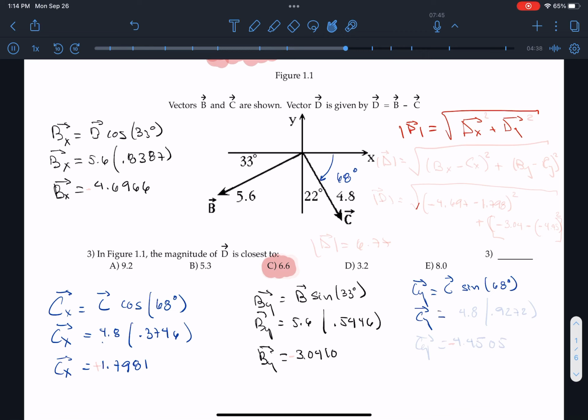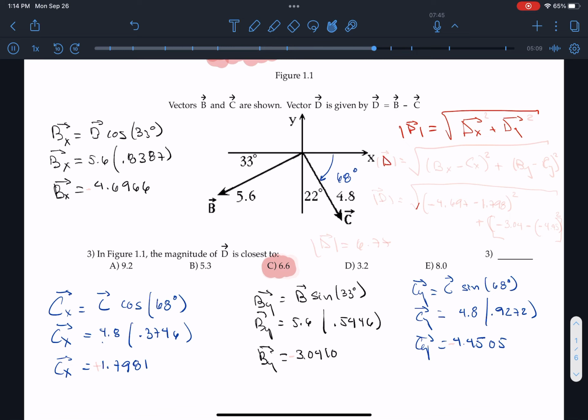That's 4.8 times the sine, which is 0.9272, and that's approximately 4.4505.